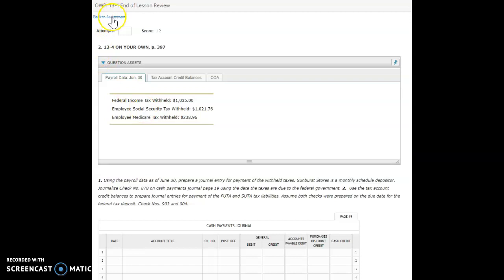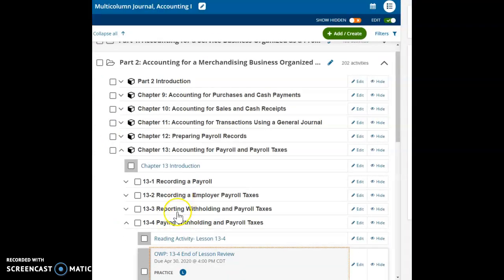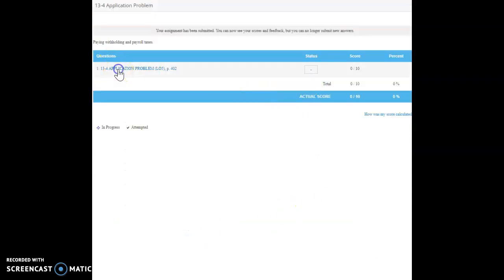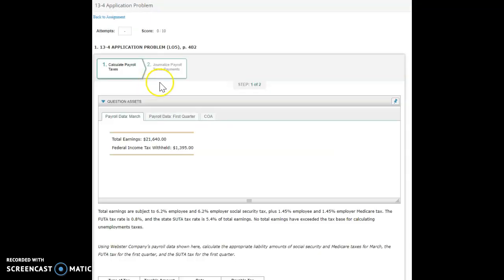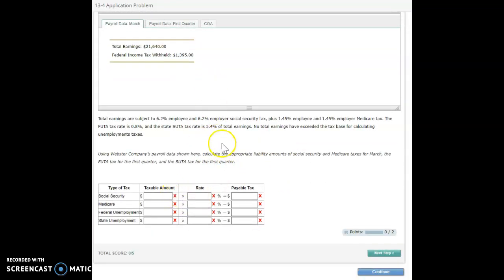Okay, now the on your own is very similar to the work together, but now I'm going to go into the application problem and just talk through a couple things here. So it's already giving me these here, but the total earnings are subject to 6.2 employee and 6.2 employer Social Security tax, plus 1.45 employee and 1.45 employer Medicare tax.